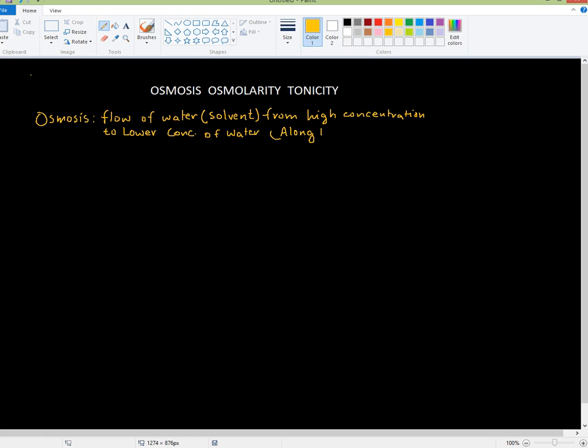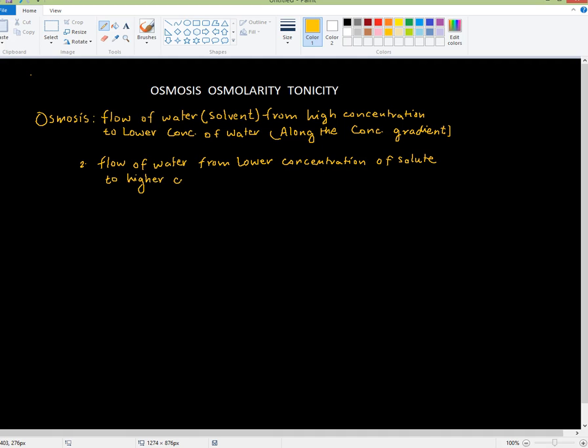Or the second definition is that the flow of water from lower concentration of solute, not water, okay, so lower concentration of solute to higher concentration of solute.